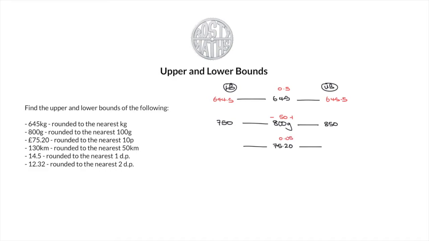Okay, so that's 5 pennies. And again, you will add to get the upper bound, subtract to get the lower bound, and that will then give us 75 and 25 there, and 75 and 15 pence there.